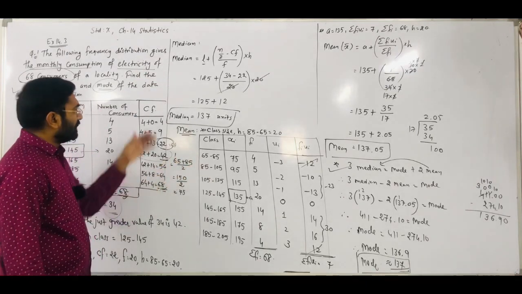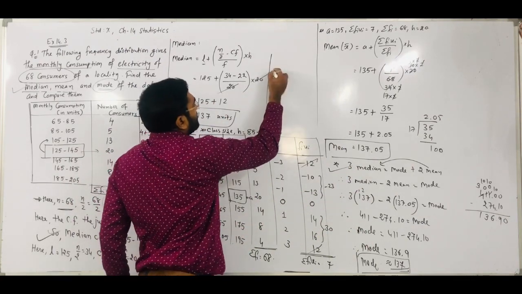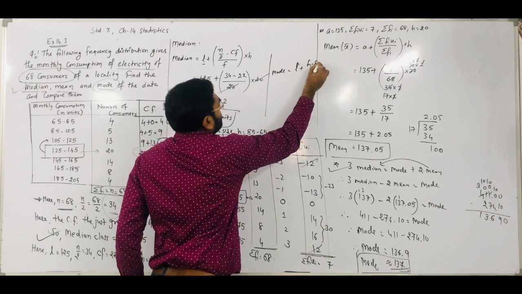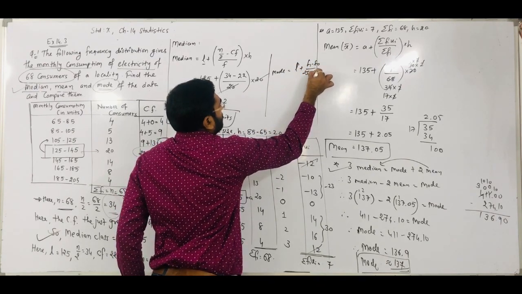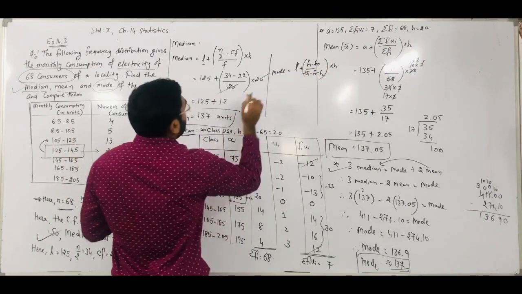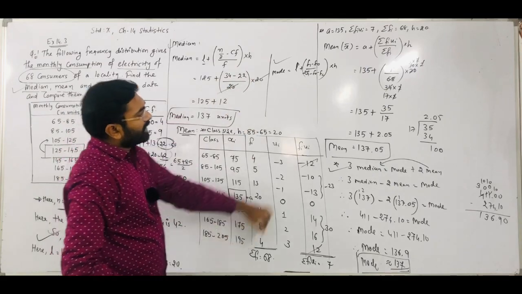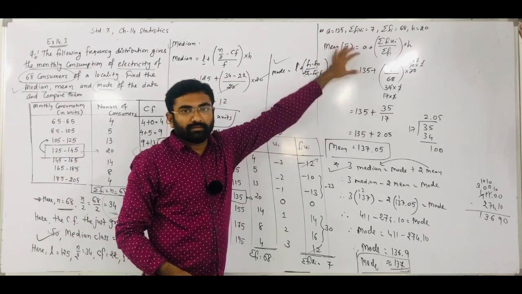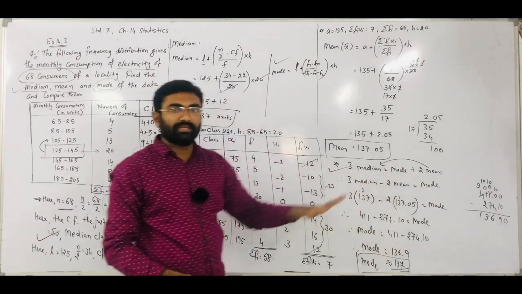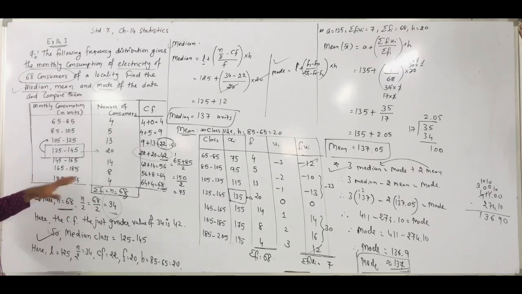If you find out the median and mode using our formula, the mode formula is L plus f1 minus f0 upon 2 f1 minus f0 minus f2 into h. Suppose from this data we find out the median and mode using that formula, then we need not find the mean separately; you can easily find the mean using the relationship. Okay, so that is the mean, mode and median. That way we can find.